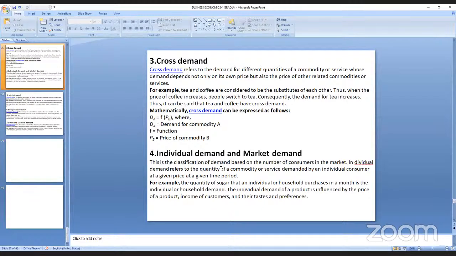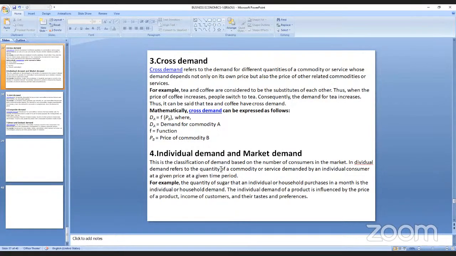When the price of coffee increases, you will go to tea. If the demand for tea increases, then it can be said that tea and coffee have a cross demand. Once the coffee price increases, you'll immediately go to tea.